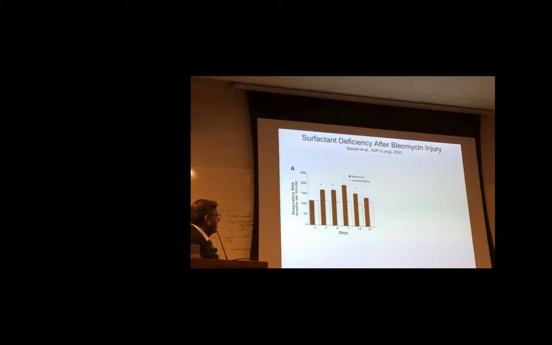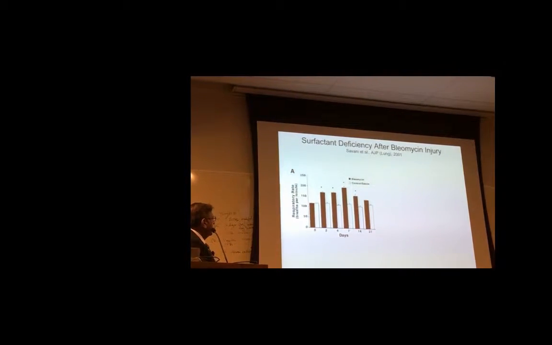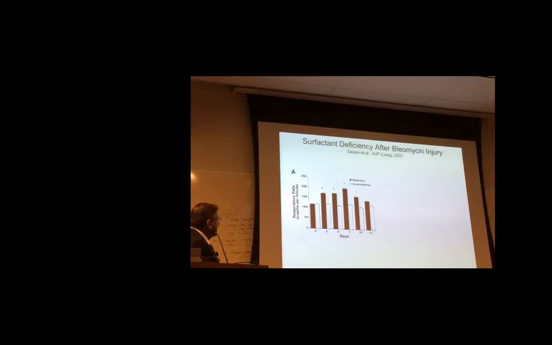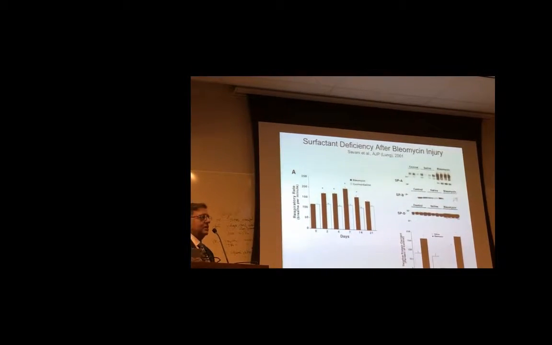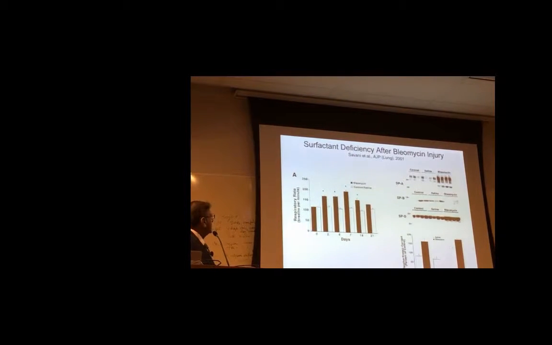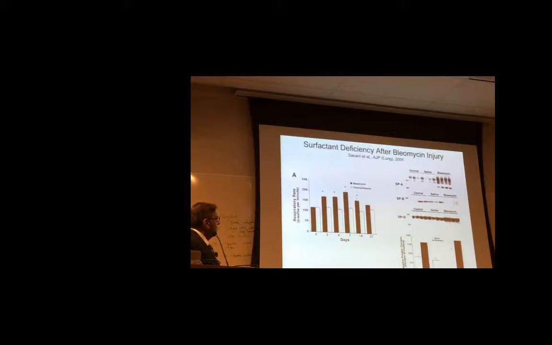But you can tell that the animals that were either uninjured or got intratracheal saline, there was no increase in respiratory rate. But the ones that got intratracheal bleomycin, as early as 2 days and maximally at 7 days, had increased respiratory rates. They were cowering in one area of the cage, they weren't moving, and they were pretty sick. And when we looked at the surfactant protein system in these animals, we found something interesting, that the SPA and the SPD expression was increased, whereas the SPB expression was decreased.